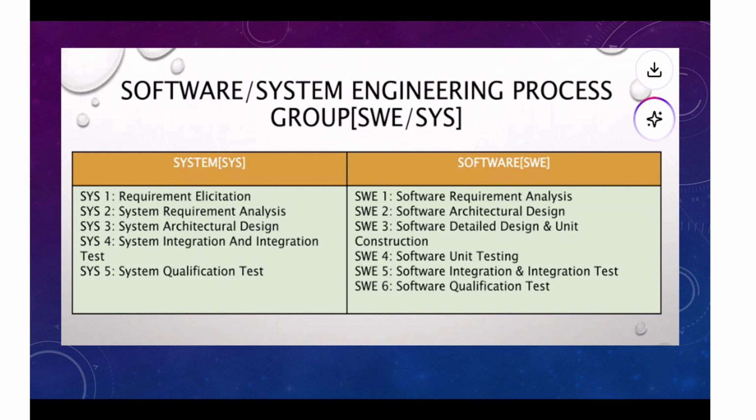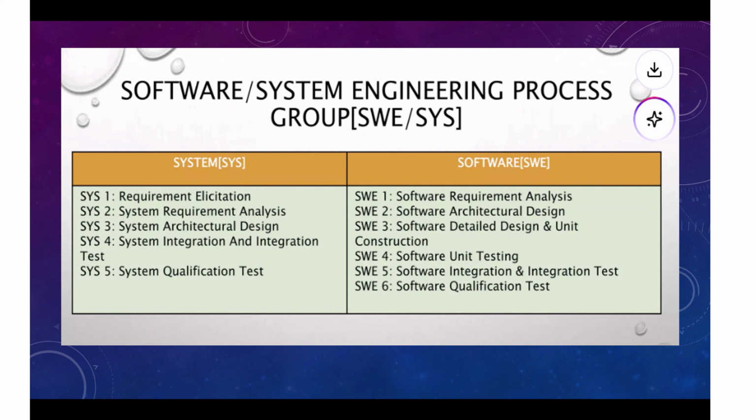The major difference is that in the system level we have requirement elicitation, but here we don't have it at the software level, because the requirement is well elicited in the system level itself, so we don't need an elicitation, but a shorter analysis to derive the software requirement. And also here in the software level we have something called software unit testing.